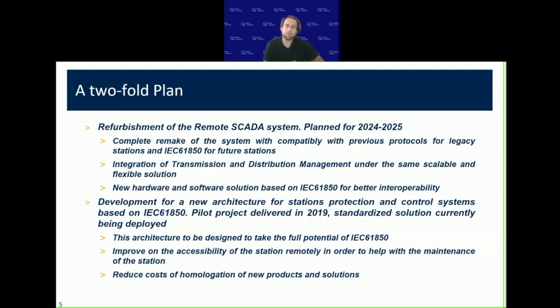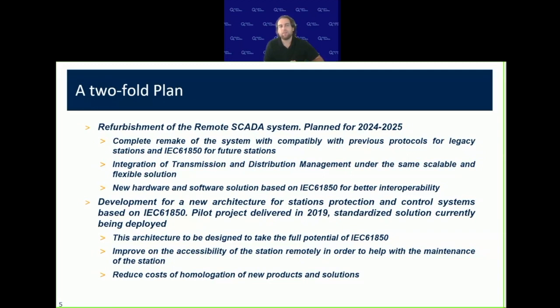The goal is to have a more flexible, better, easier, standardized solution that can be easier to manage remotely. As some of you might know, Quebec is a pretty large province, so installations are far apart, and if some of the maintenance can be done remotely, it creates synergies and improves the costs for maintenance.